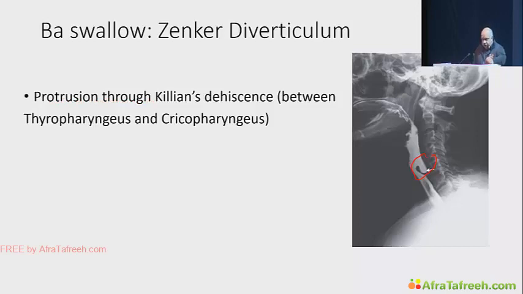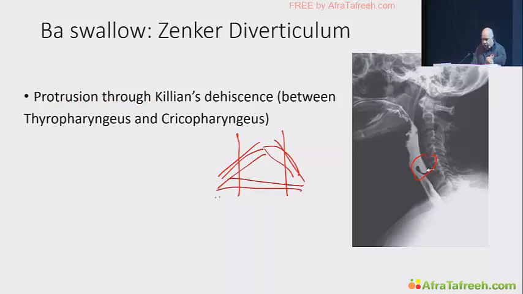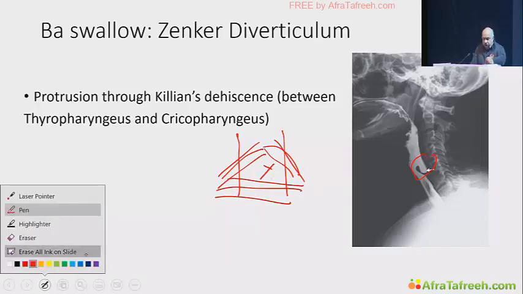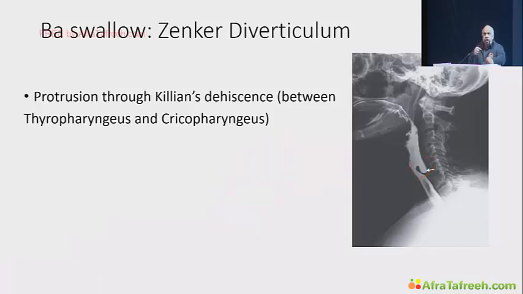In the cervical esophagus, we have thyropharyngeus like this and cricopharyngeus like this. This triangle in between is called Killian's dehiscence. Due to non-relaxation of cricopharyngeus, we have high pressure there causing a pulsion diverticulum. That's called Zenker diverticulum.